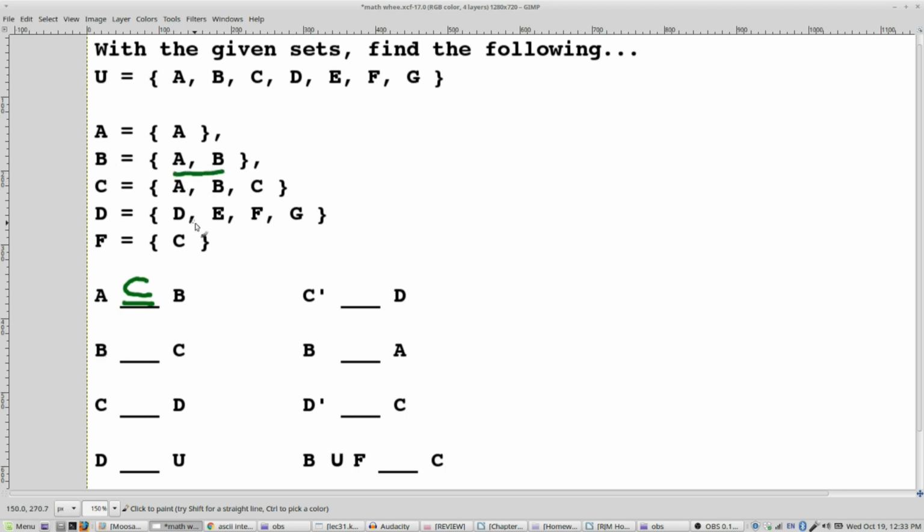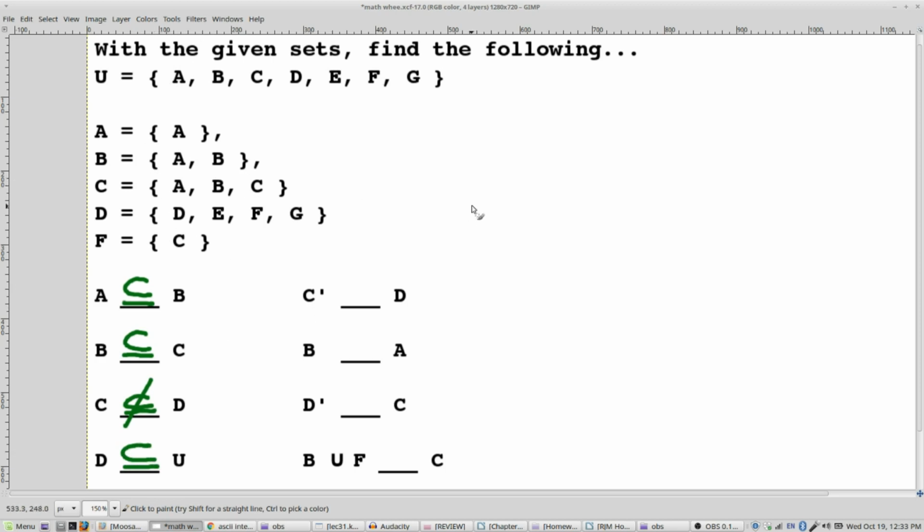Well, all of the elements of B are in C, so we'll use the same symbol, subset of. Is C a subset of D? Well, they actually have nothing in common, so we're going to write this with a slash through it. Is D a subset of the universe? Well, our universe should include everything that's in these sets, so yes.